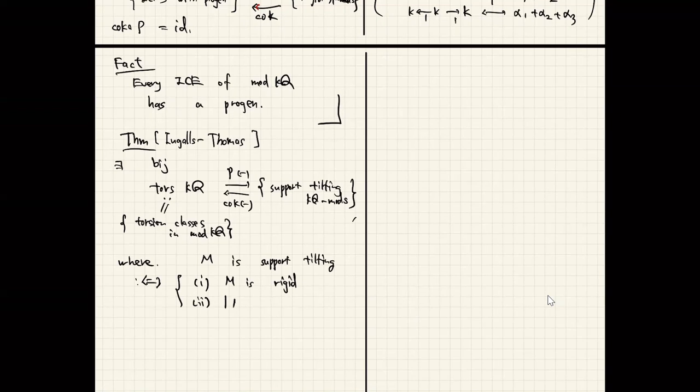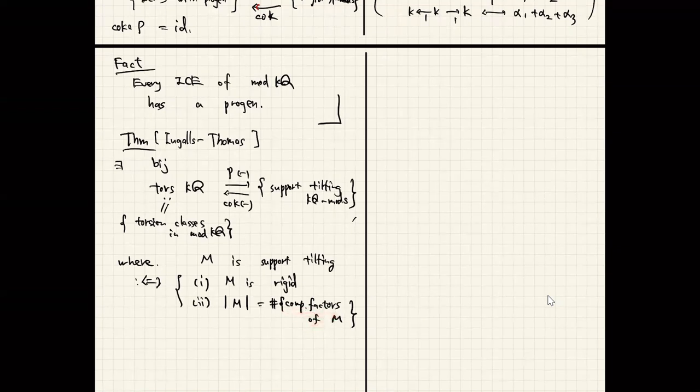So this number is equal to the number of composition factors of M, the number of all simple modules up to isomorphism appearing in the composition series.